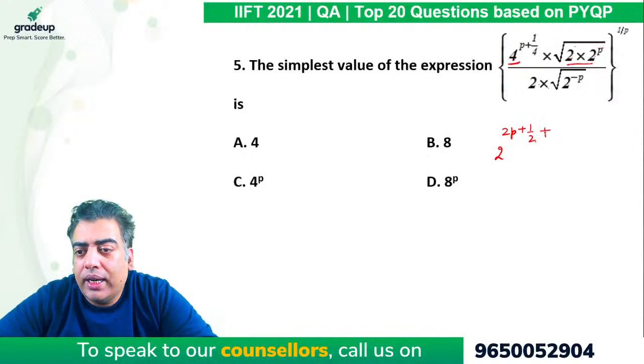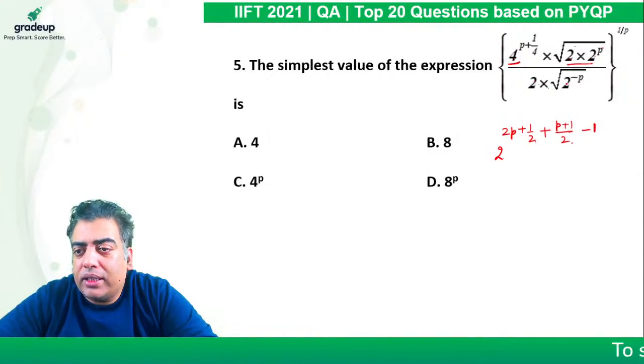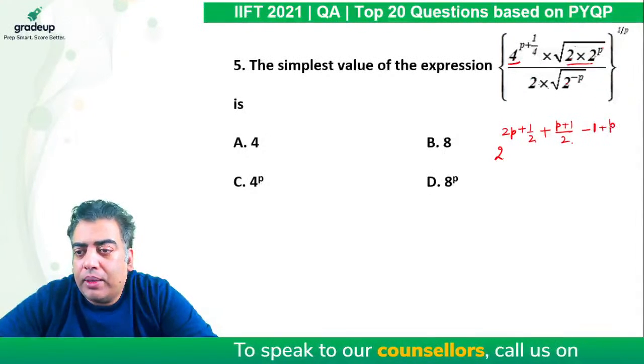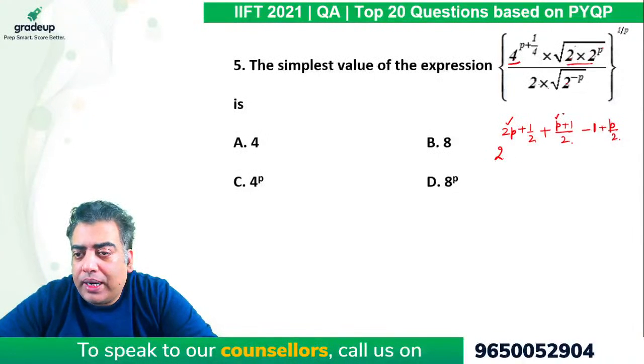So we can say it is p plus 1 divided by 2. Minus it will be 2 raised to power 1 and this is 2 raised to power minus p by 2. When it comes to the numerator, it becomes plus p by 2. Now 2p plus p by 2 plus p by 2 adds up to 3p.